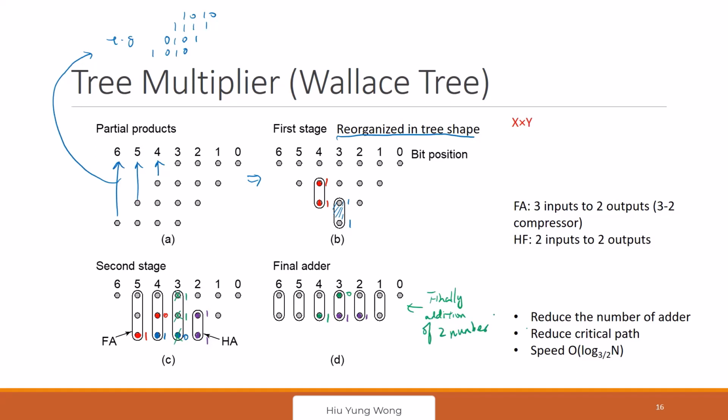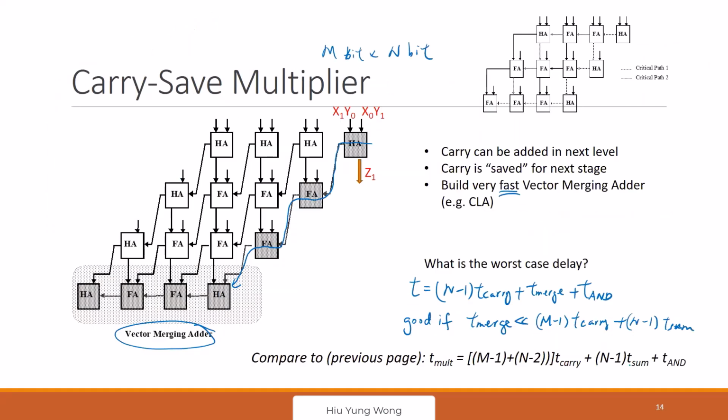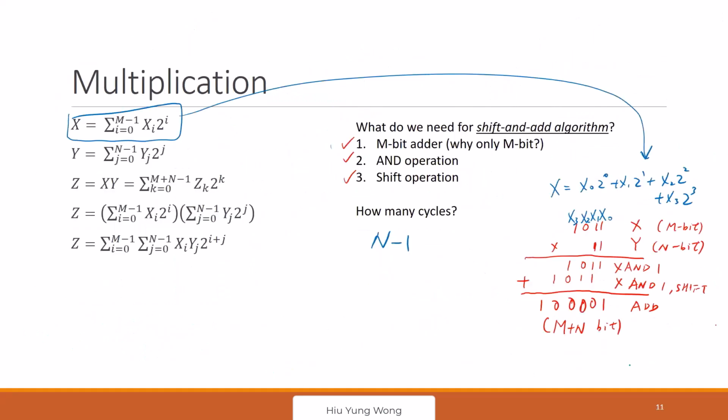Again, I can use the so-called vector merge adder. And the speed is going to be very fast, log n base 32. Okay, so it's a very fast adder. Think about here, what was the speed for the regular adder?